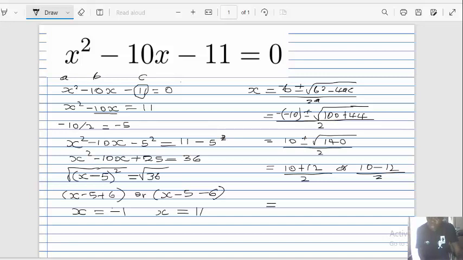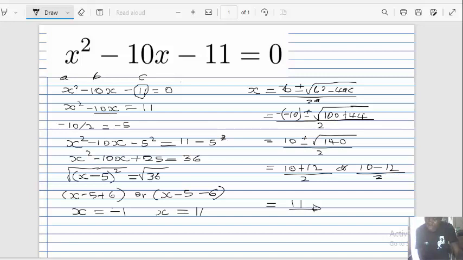If you add the 2 together, you get 22. 22 divided by 2 is 11. Positive. And then, let's say negative 12 is the bigger number. If you deduct 10, you remain with negative 2. Negative 2 divided by 2 is negative 1.